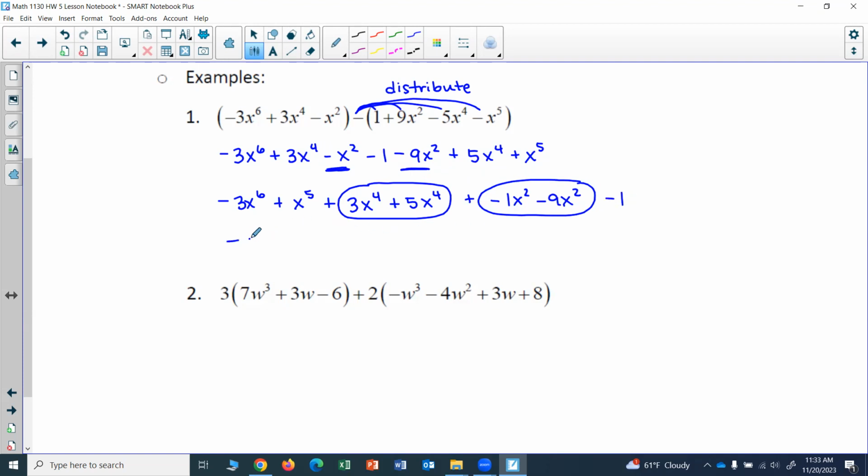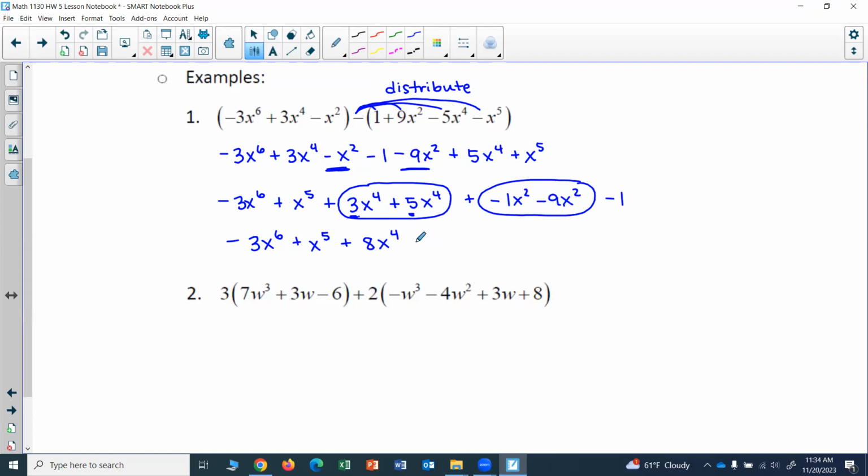All right, so my final answer is going to be negative 3x to the 6th power plus x to the 5th power. Now I look at the 3x to the 4th plus 5x to the 4th, and I combine their coefficients. So 3 plus 5 is 8. So I get plus 8x to the 4th power. I have negative x squared minus 9x squared.